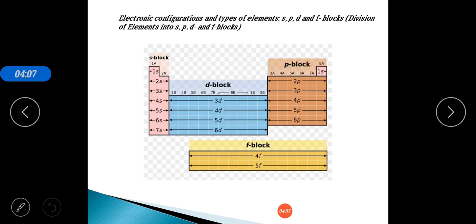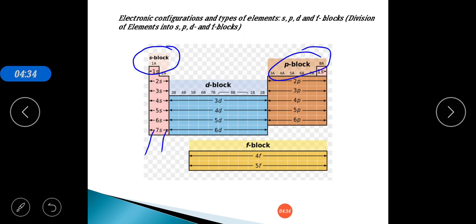Now we classify the periodic table in the form of s, p, d, f blocks. S block elements are those elements in which the last electron enters the s orbital. The first two groups are called the s block. P block elements are those in which the last electron enters the p orbitals.